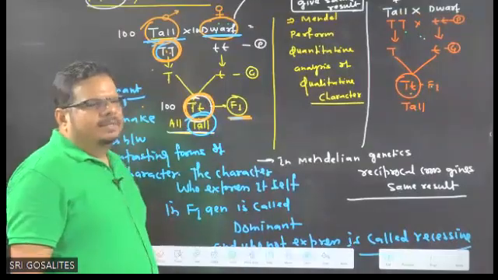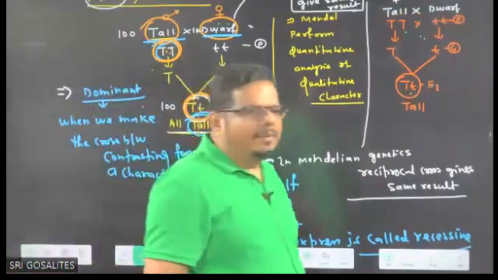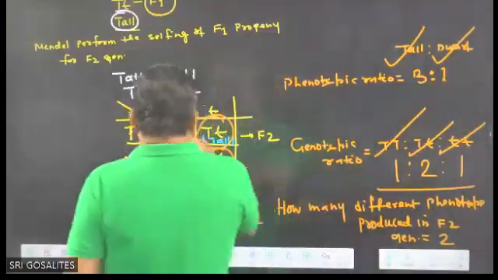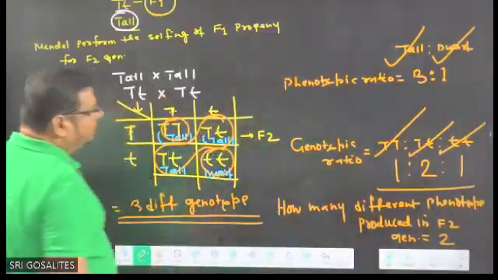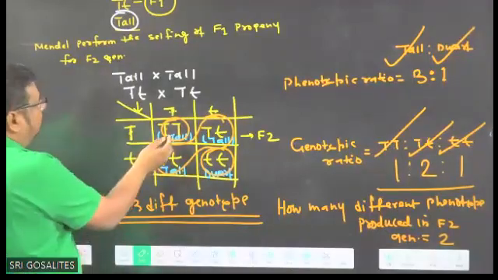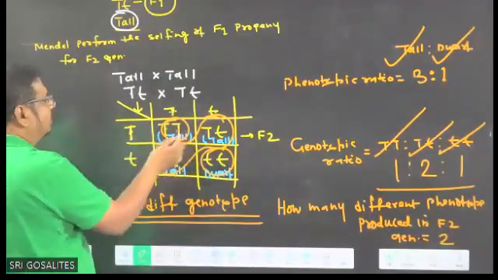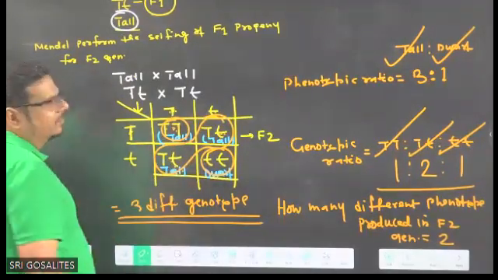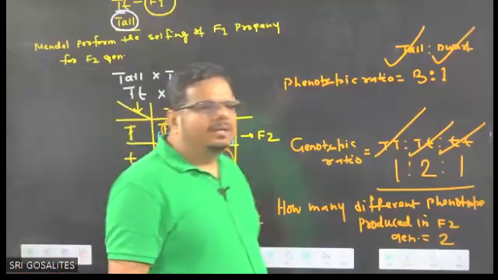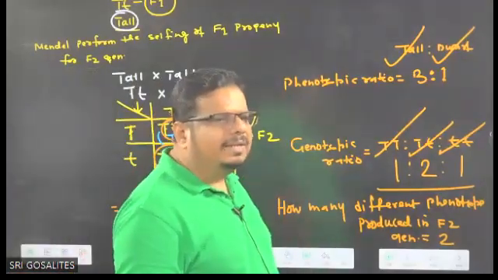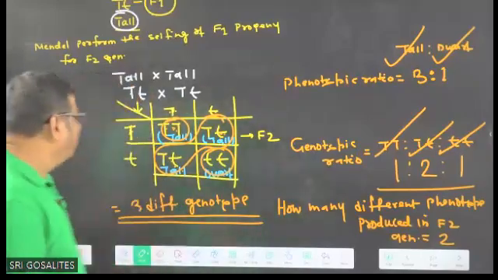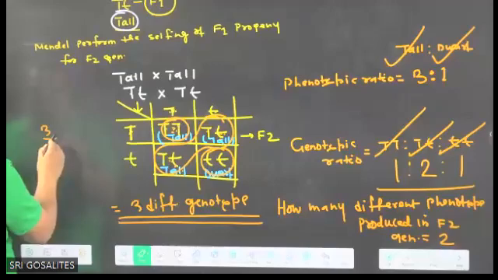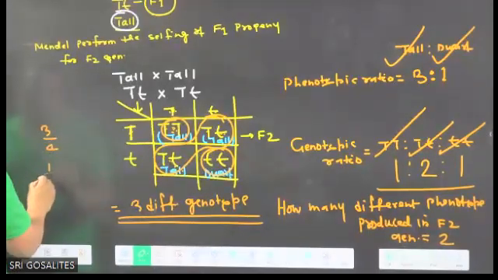Phenotypic ratio. Ratio of phenotype. In the monohybrid cross, in the F2 generation, what happened? We are getting 3 tall and 1 dwarf. 75% tall and 25% dwarf. 3 by 4 in the F2 generation is tall, and 1 by 4 is dwarf.